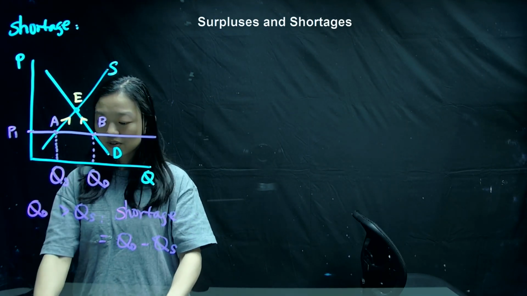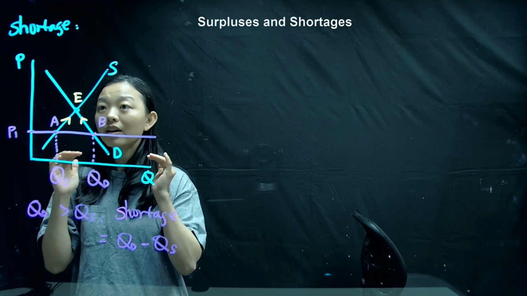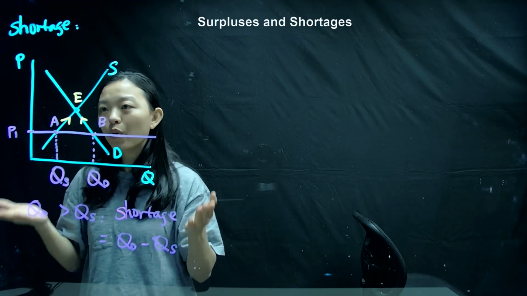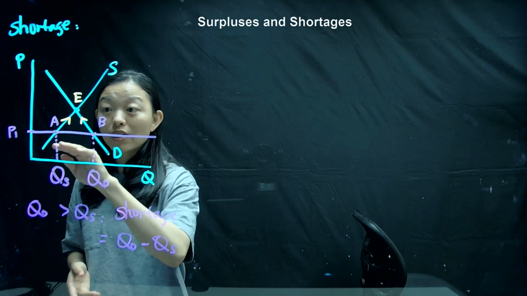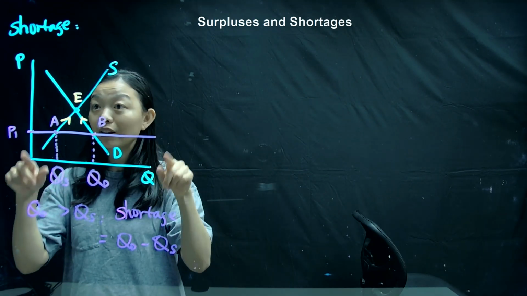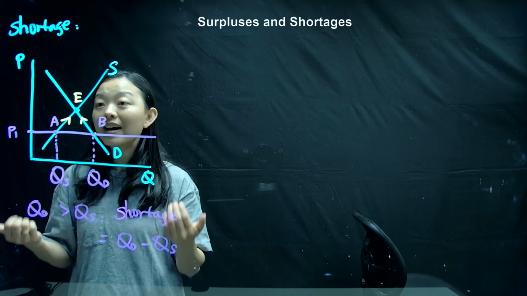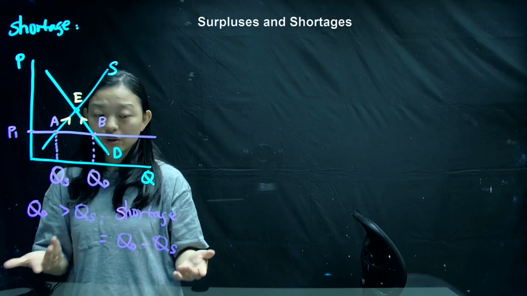Okay, so this is the shortage and surplus. Remember, the very, very important thing, even for other questions, is when it tells you the market price, remember to draw a horizontal line across the demand curve and supply curve and find out the quantity demand and quantity supply. That will help you to determine whether the market is facing shortage or surplus, or the market has just reached equilibrium.